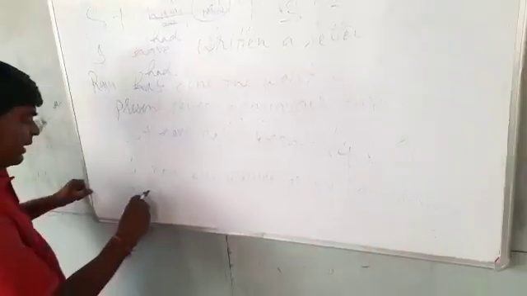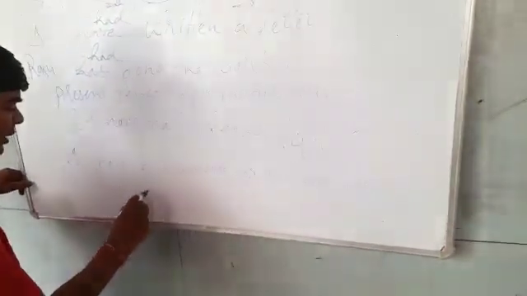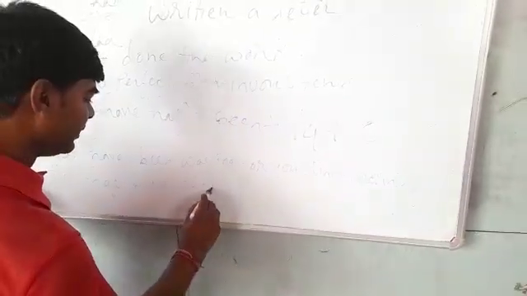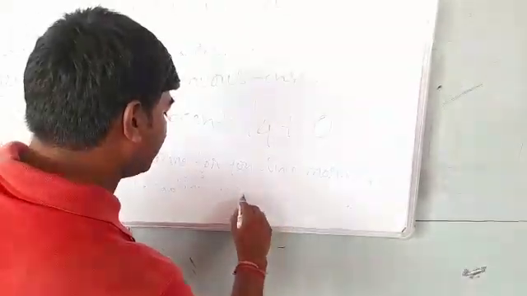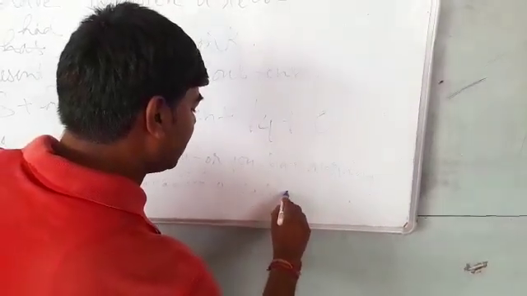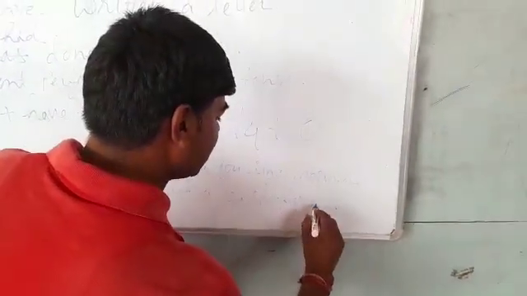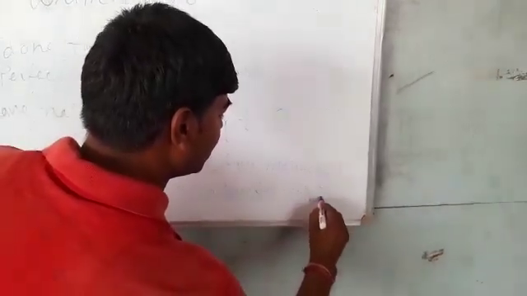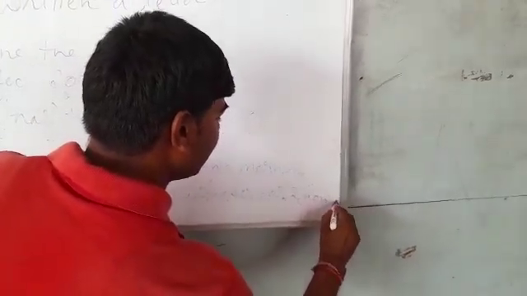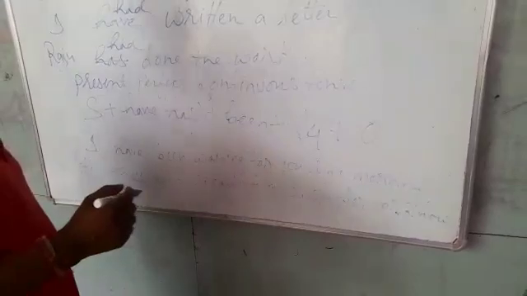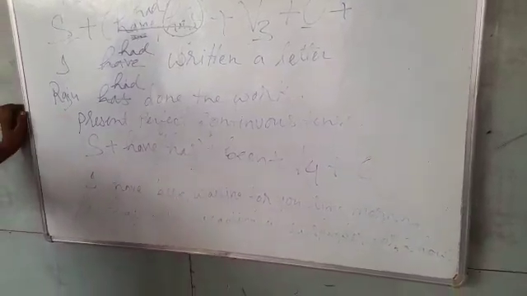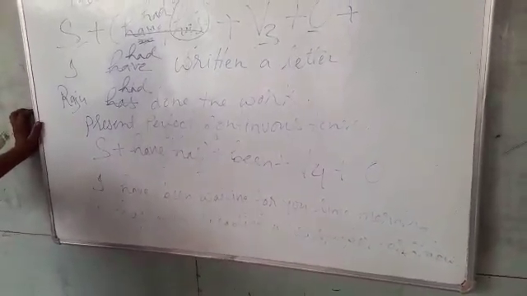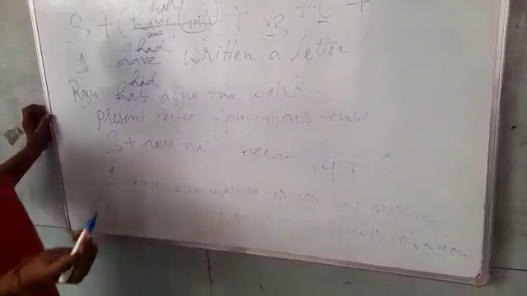He has been reading a newspaper for 2 hours. So this is present perfect continuous tense, and in order to change it into past perfect continuous tense, what we'll do is very simple.